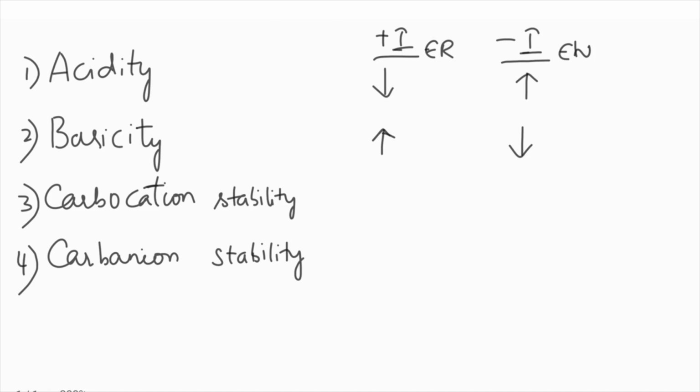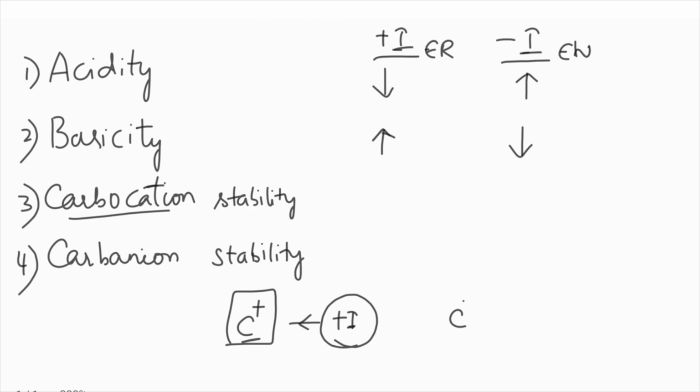A carbocation is nothing but carbon with a positive charge. So it already has a positive charge. Whenever there is a group that donates electrons, like a plus I group, it is going to increase the stability of the carbocation. A carbanion is nothing but carbon with a negative charge. Whenever there is a group that pulls electrons towards it, like a minus I group, it is going to increase the stability of the carbanion.